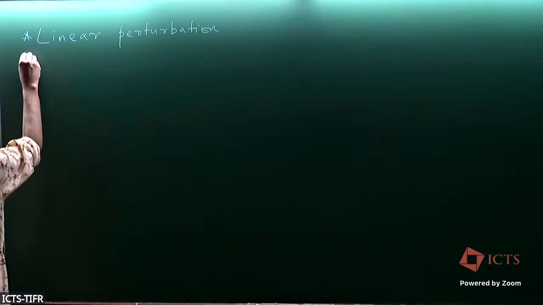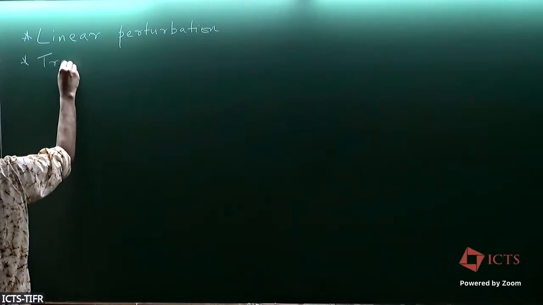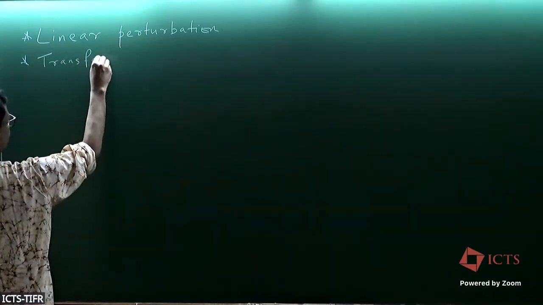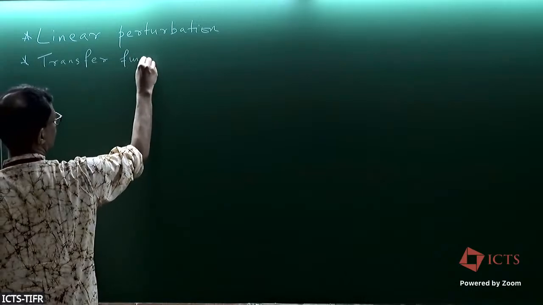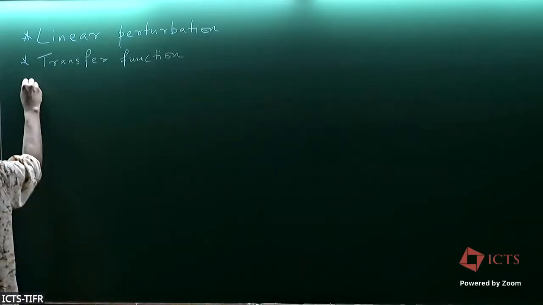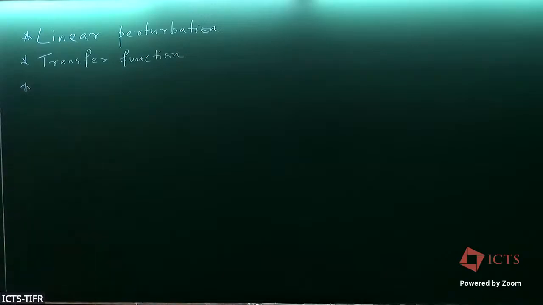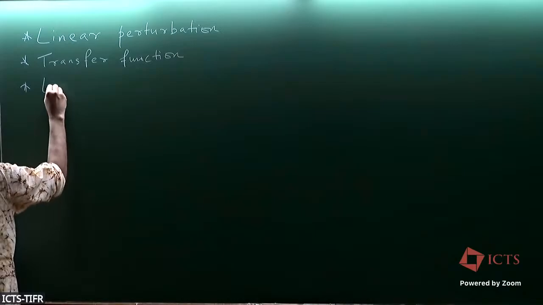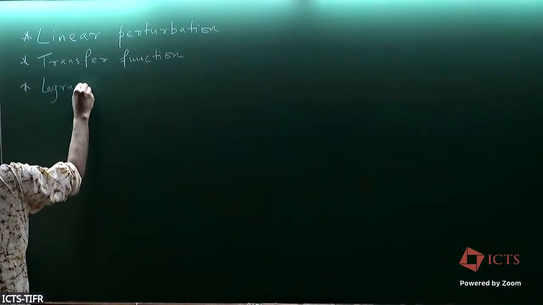We followed that up by talking a bit about the transfer function. Then we moved on to something which is just beyond linear theory, that is the Lagrangian perturbation theory.